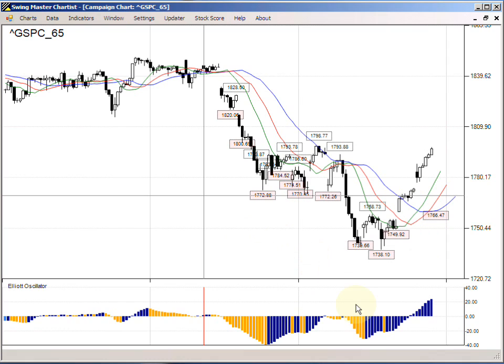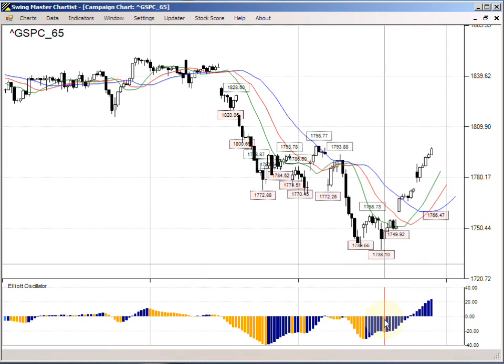And what we've done here is, you can see, we had a change in momentum on this bar right here from down, which is orange, to blue, which is bullish, putting us on alert that if there's a signal, you seriously want to consider taking it.